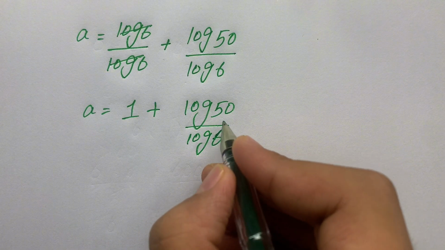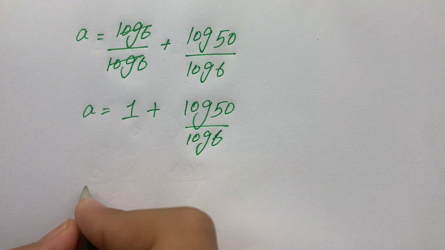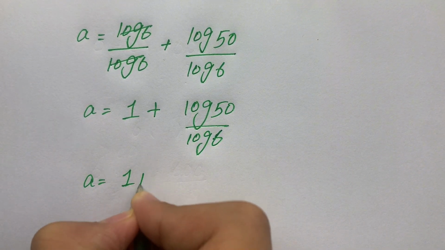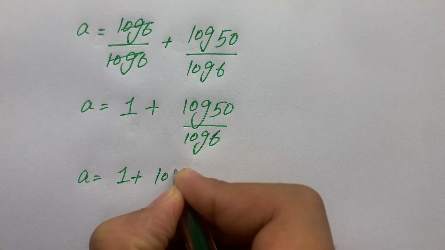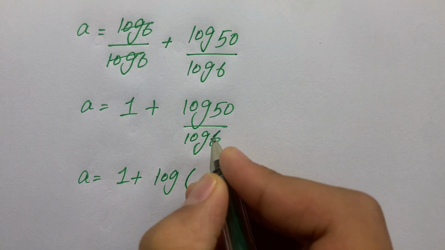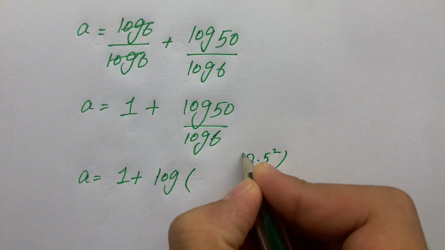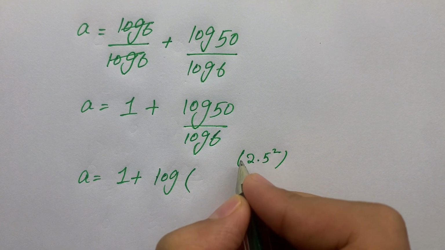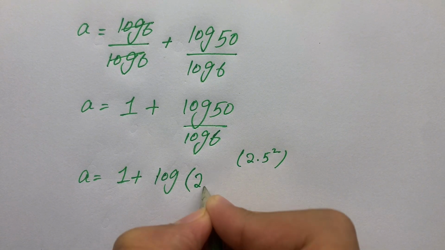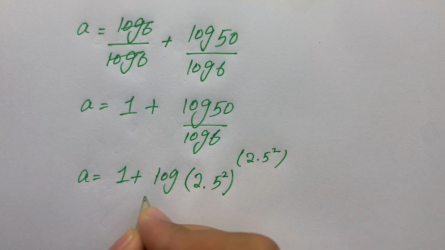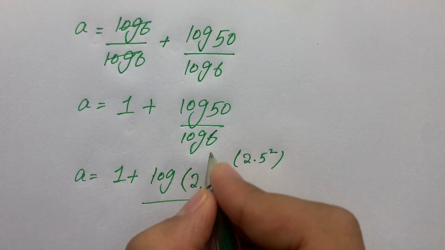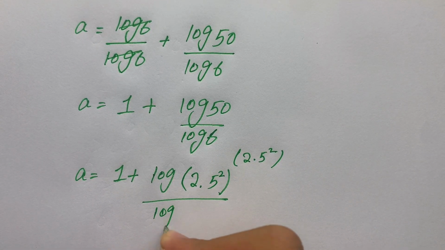Now we solve the log of 50. First, a is equal to 1 plus log of 50. This 50 is also 2 times 5 squared. 5 squared is 25, and 25 times 2 is 50. As we know, 6 is equal to 2 multiplied by 3.